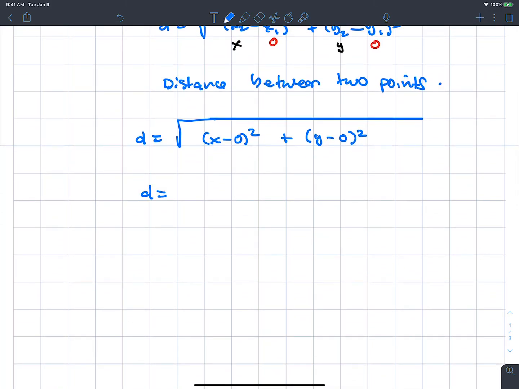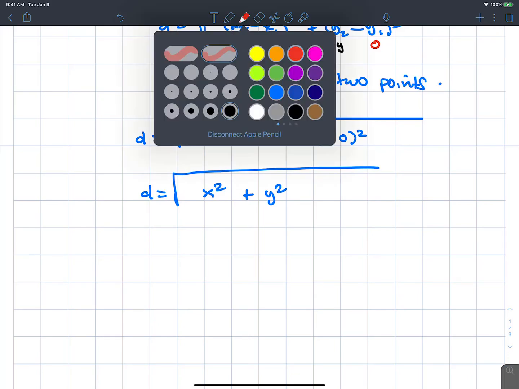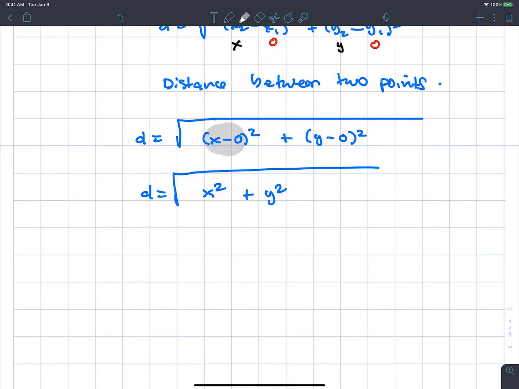So then d becomes the square root of x squared plus y squared, because you're doing the arithmetic here in the parentheses, taking that difference, taking that difference.